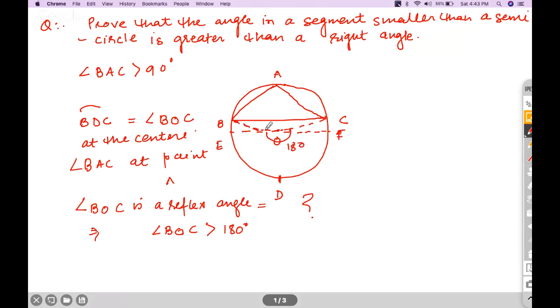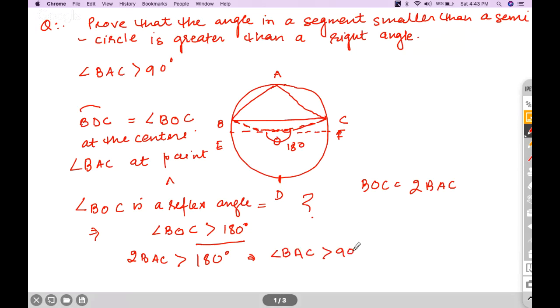So anything which is going beyond in the other segment would be greater than 180 degrees. So BOC is equal to 2 BAC, and as BOC is greater than 180 degrees, 2 BAC would be greater than 180 degrees. Hence, BAC would be greater than 90 degrees. So this is what you had to prove.